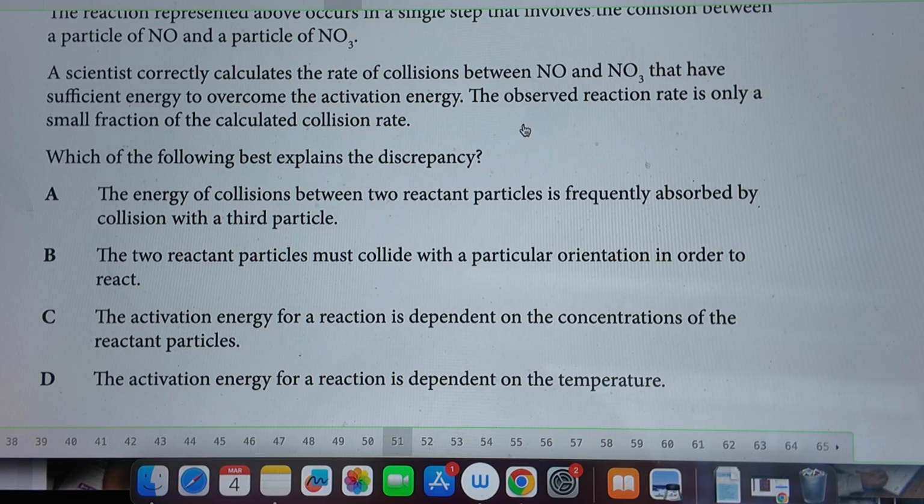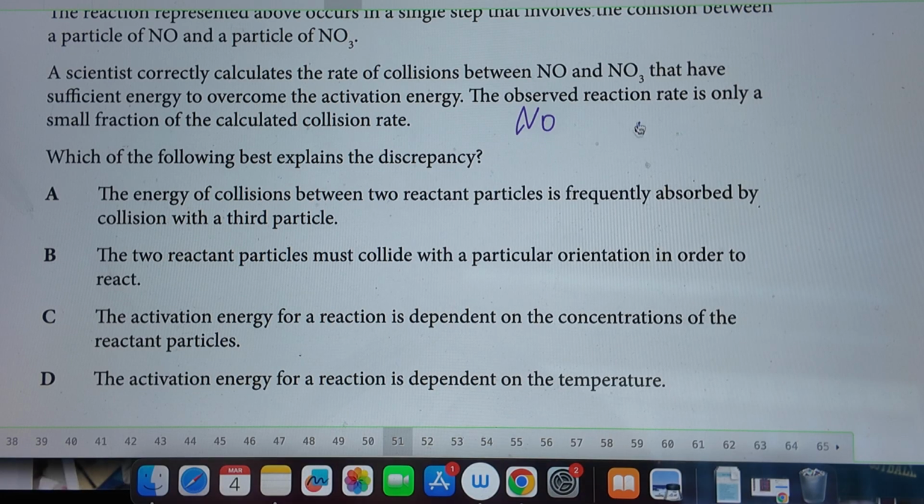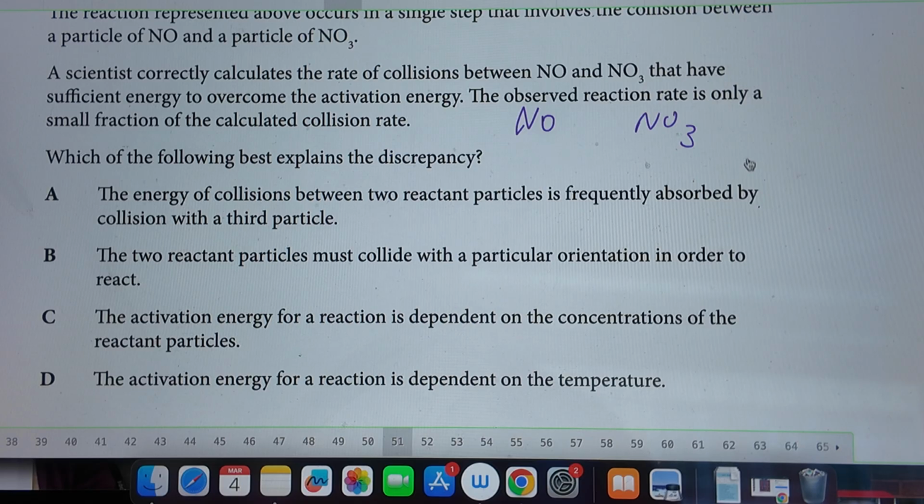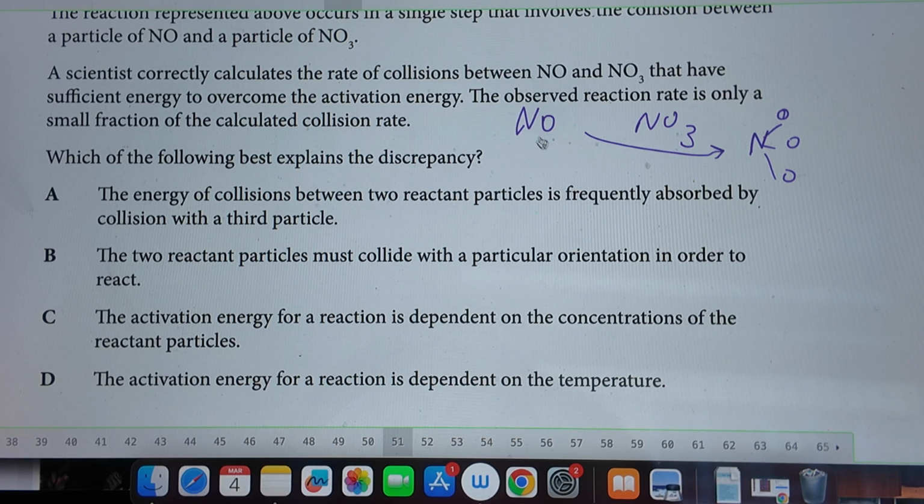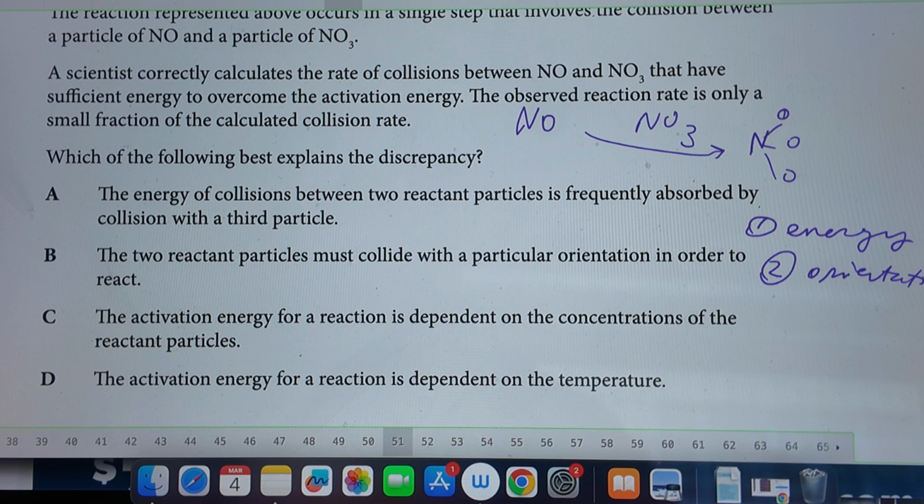So like NO, and then NO3. Let's say this NO3 is like this, and this NO sees it this way, it's not going to be able to react, right? So not only do we need enough energy, but we also need to be in the correct orientation, right? If not, the reaction doesn't happen.